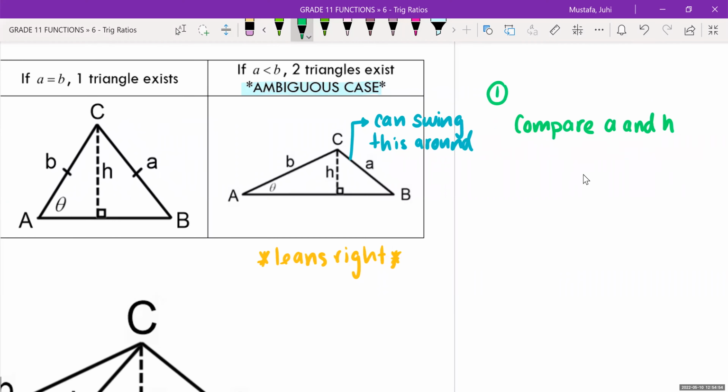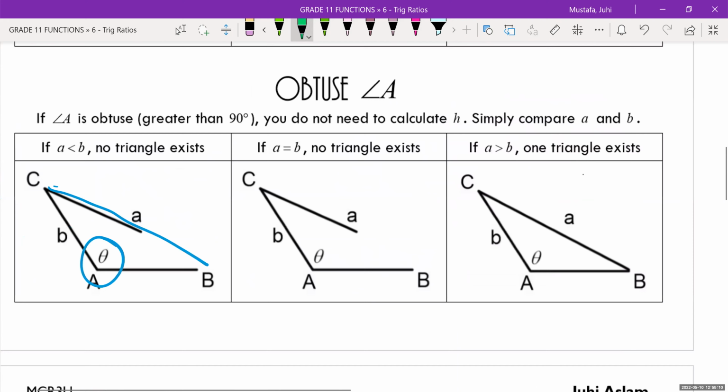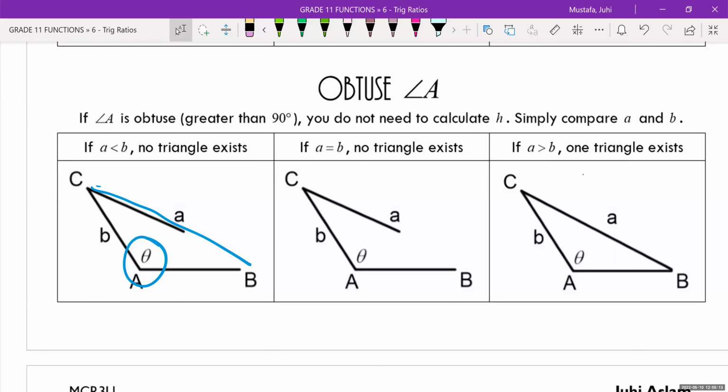So number one, theta is acute. Then step number two, compare A and H, and you want to make sure your A value is larger than your H value. Then you use the rules for obtuse, in which case it won't be ambiguous, but it can be one triangle or no triangle at all.